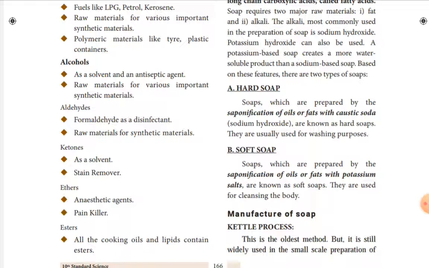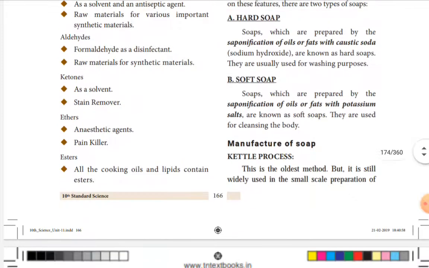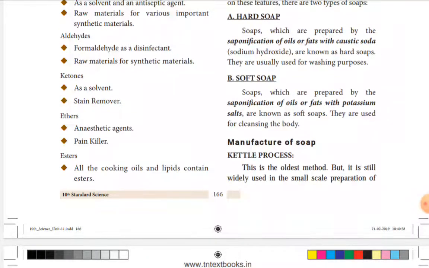Now we are going to study the manufacture of soap. Usually there are two methods, and nowadays we are using different modern methods to manufacture soap. One of the oldest methods is the kettle process. Kettle means a tank, maybe made of plastic or iron, with a lid.